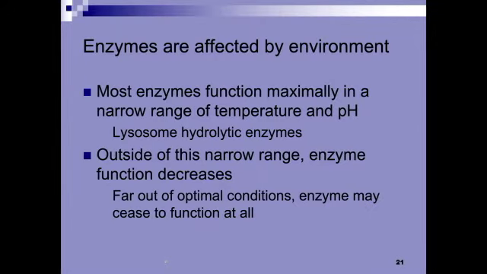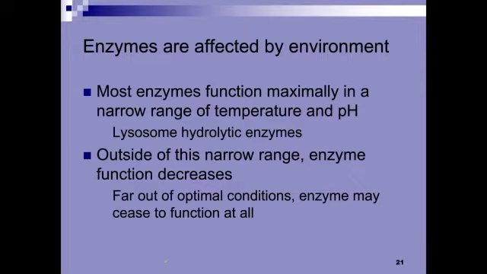Now, enzymes are very specific, but they also need very specific environments in which to work. They are proteins, so they can be denatured, and they can be denatured fairly easily. If you think about the internal workings of our body, we're a constant temperature, we're a constant pH.